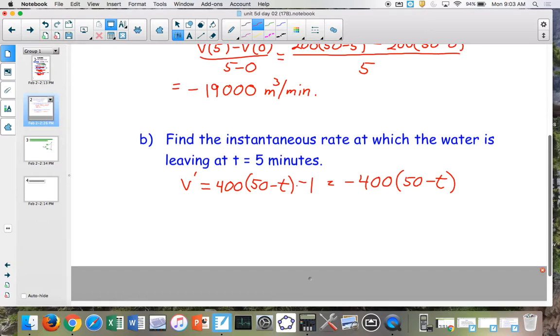Now we want to find this instantaneous rate at 5 minutes, so let's plug in 5 for t.